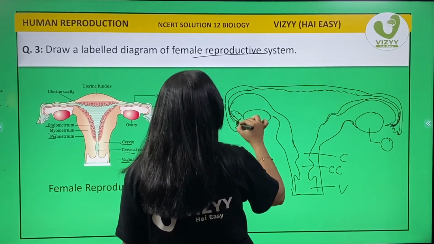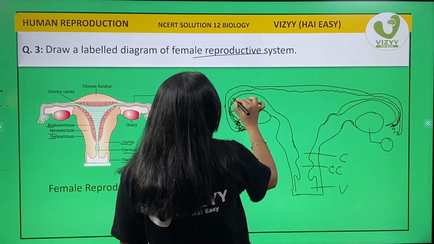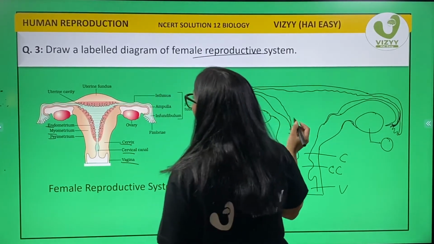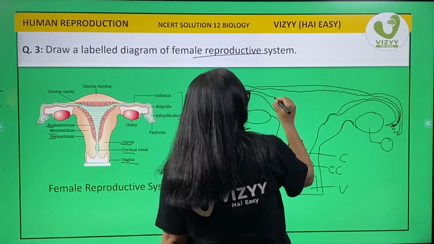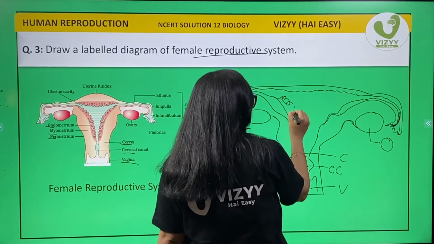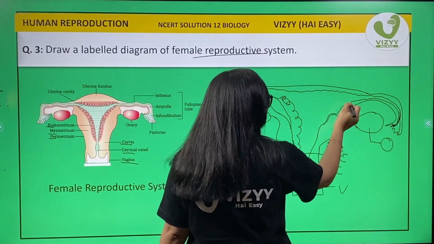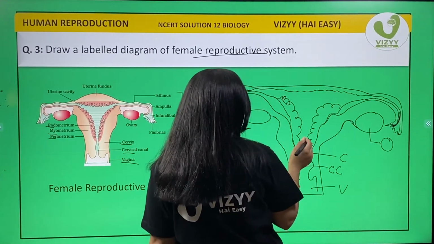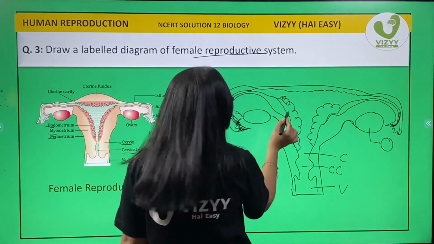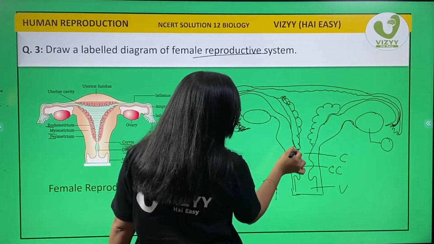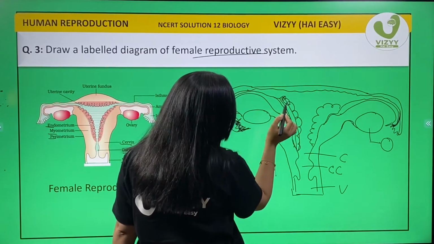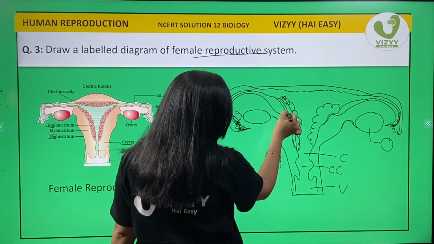Same on the other side. Okay, now let's draw the inner lining inside of the uterus. Okay, this is our inner lining, the innermost, the medial, and the outermost lining.